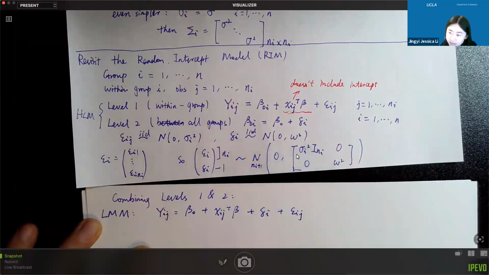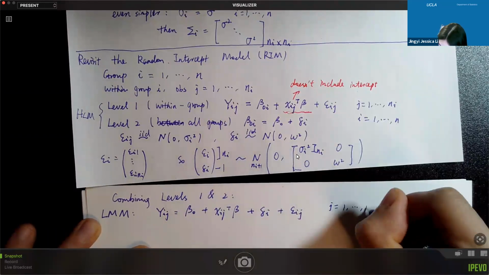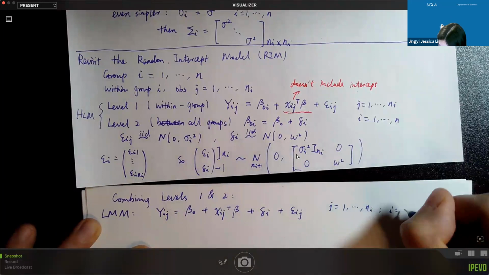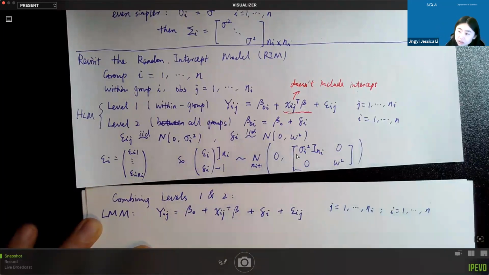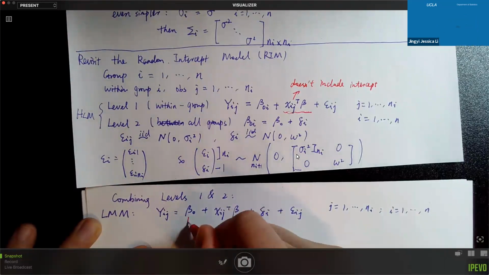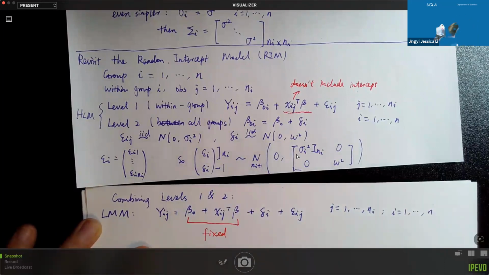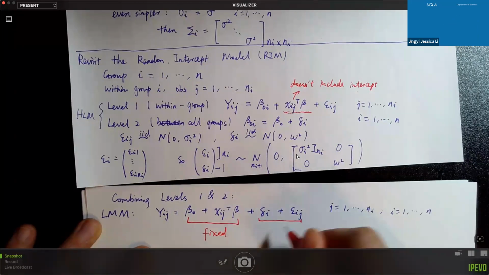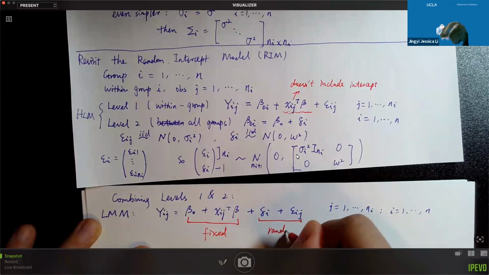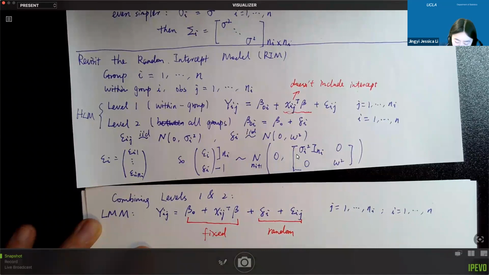And now writing it this way, I let j go from 1 to Ni and i go from 1 to n. That's it. So writing it this way, I can easily tell this is the fixed part because it involves no random variable, while this is the random part. Fixed effects, random effects, so that's why it's a linear mixed effect model.